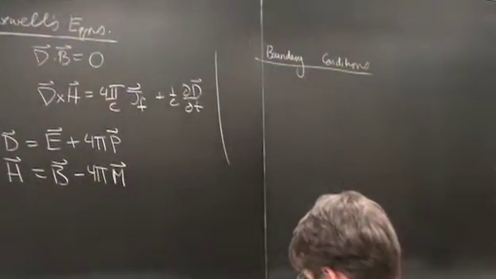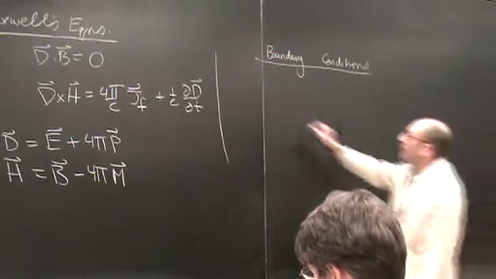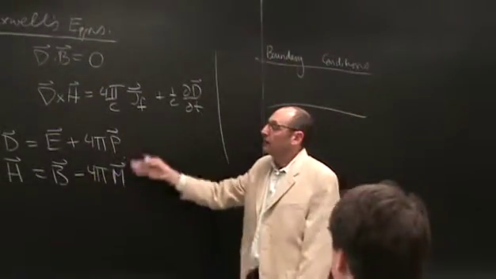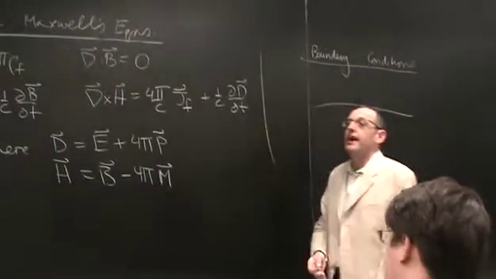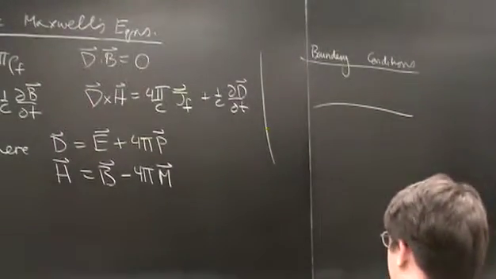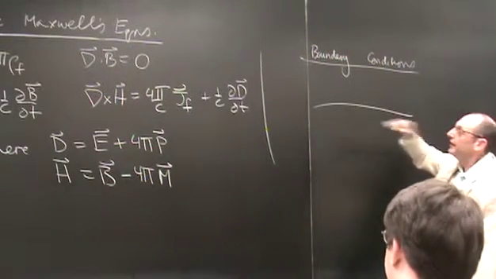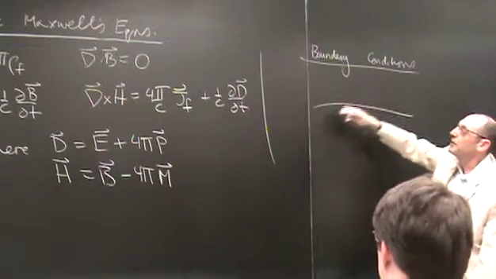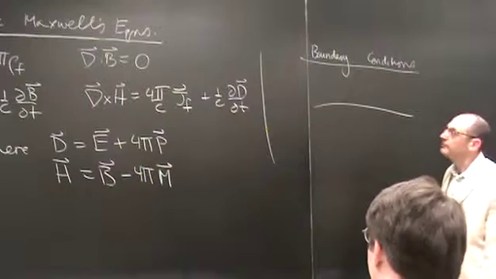So, if we have some materials that are defined by different polarization densities and magnetization densities, we can ask, how do the electric and magnetic fields, what continuity equations must be satisfied, assuming some sharp boundary between them?